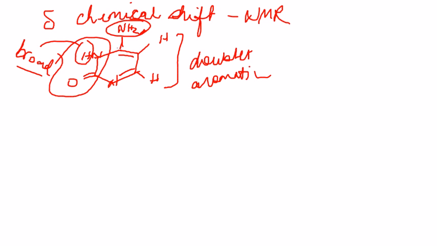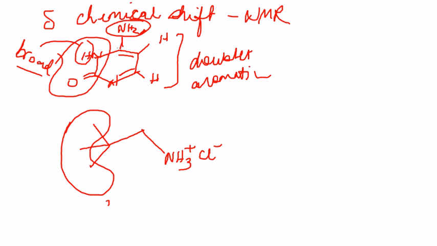Let's try another one. Perhaps you have a T-butyl group and that's connected to a CH2 and an NH3 plus Cl negative, and you are supposed to predict where exactly these show up.